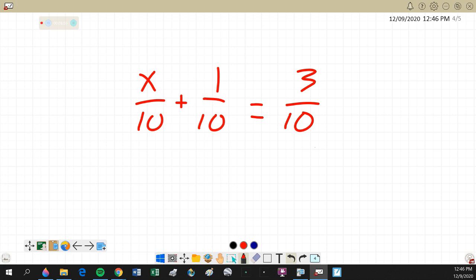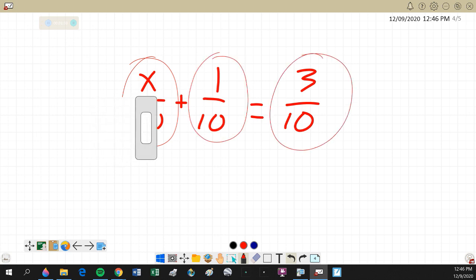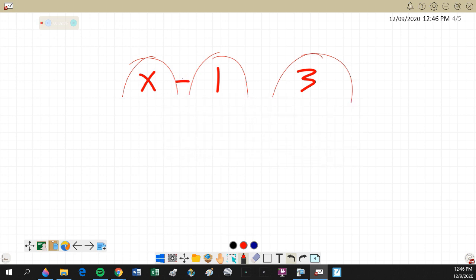Because if this number divided by 10 plus this number divided by 10 is equal to this number divided by 10, it turns out I don't need those numbers at all. Right? If the denominators are all the same, then I can just delete them.